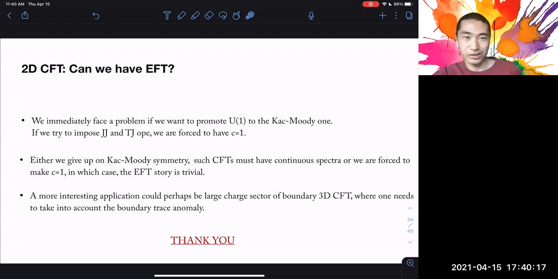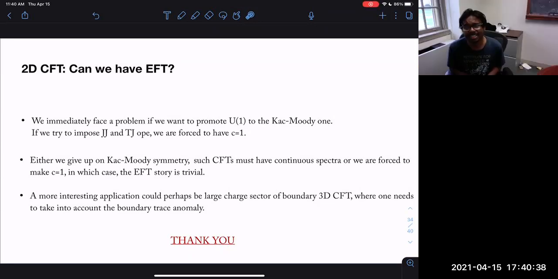Can I ask one question, Sridip? Yeah, good to see you again. So I'm a bit confused. There are 2D CFTs with central charge not equal to 1, but you can still consider the large charge sector, right? Yeah, but I guess then the point is probably you cannot write down an EFT with a single field. Right.